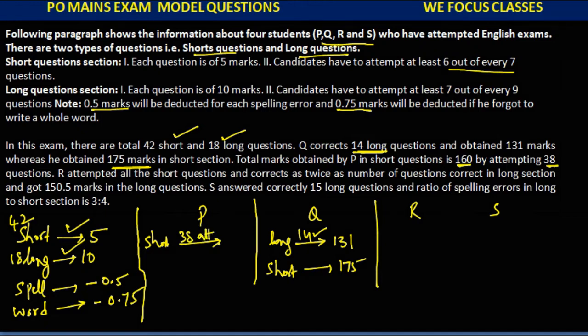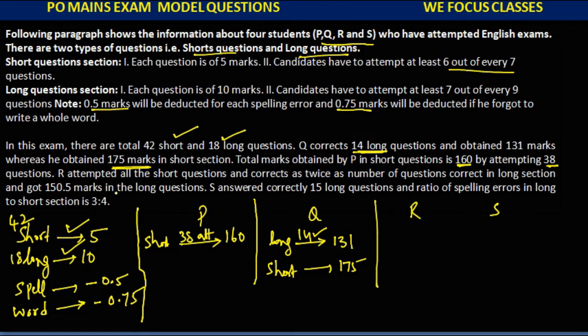So I am writing attempt. And he got 160 marks in the short section and there is no other data about the long section. We need to copy down the data in a readable way, so that based on this data only you will be solving the questions that follow this paragraph.